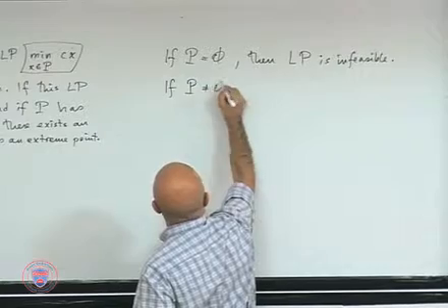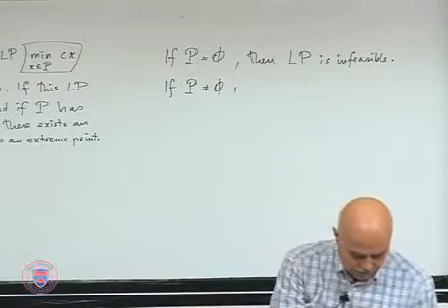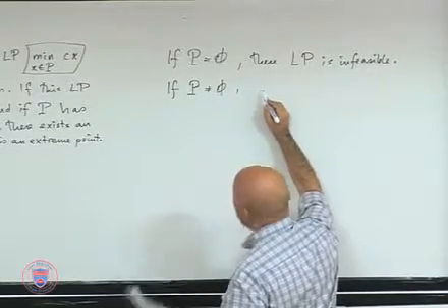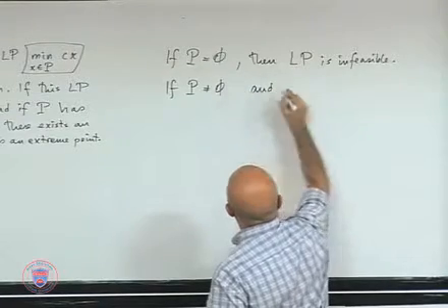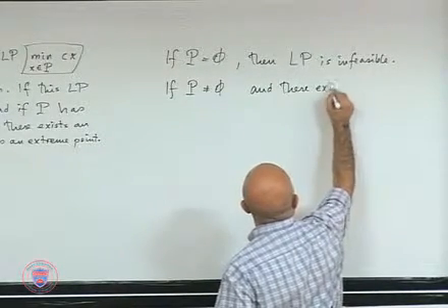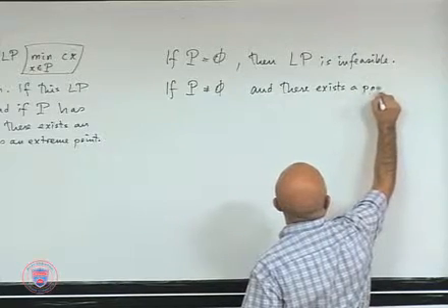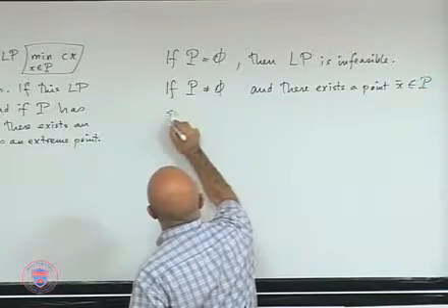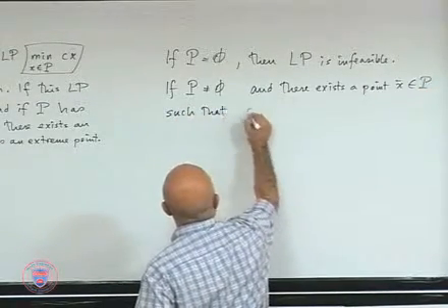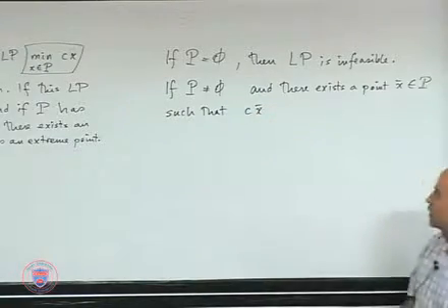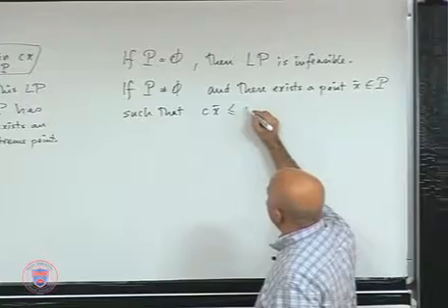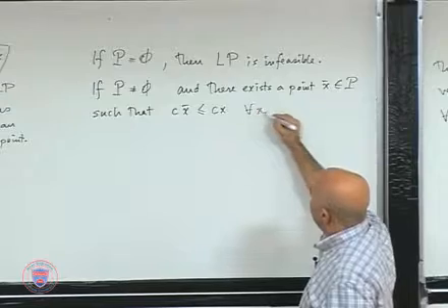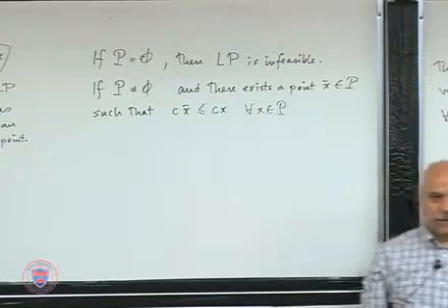If P is non-empty, and if there exists a point x bar in P such that the cost obtained by x bar is less than or equal to the cost obtained by any other x in the feasible set, okay?